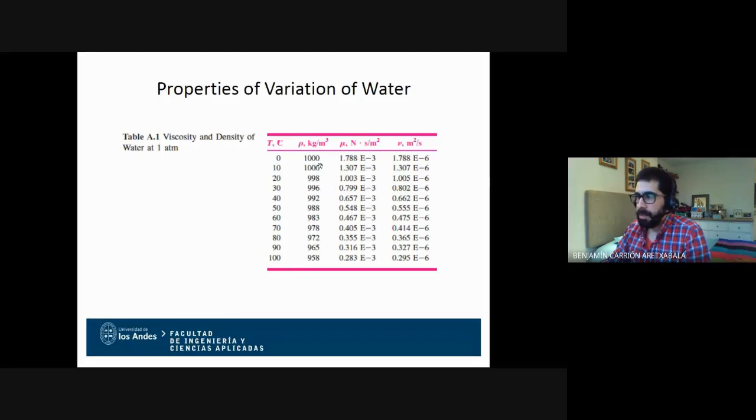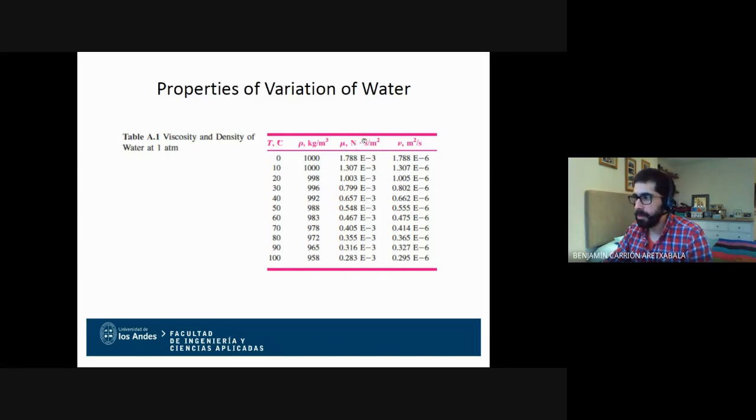So density is around a ton per cubic meter, or around 1 kilo per liter. You don't have to memorize these values because you can always look them up, but viscosity is on the order of 1 times 10 to the minus 6 for the kinematic, and 1 times 10 to the minus 3 for the dynamic, with the right unit.